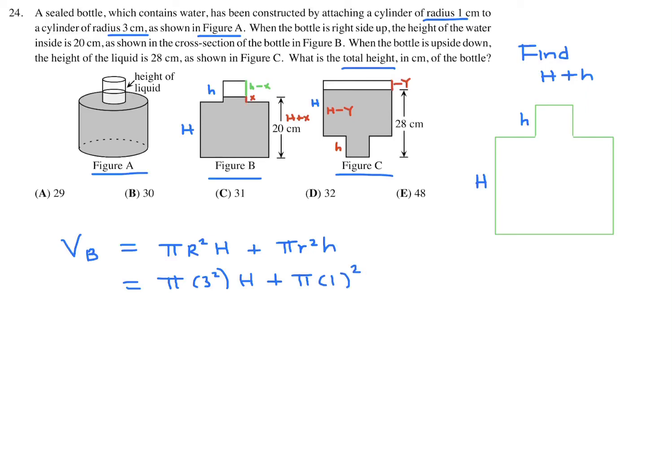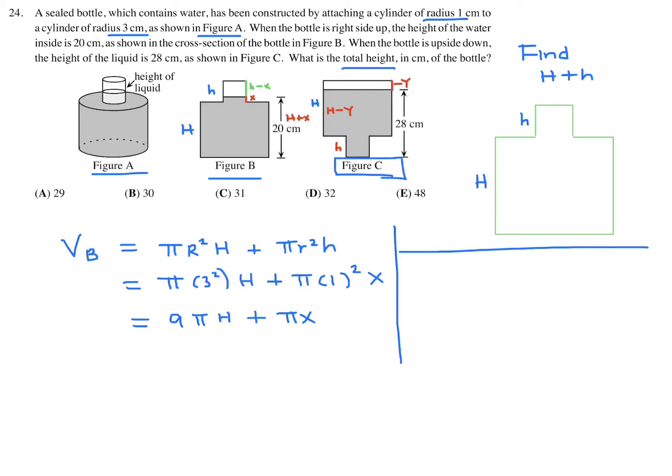But we did label the small height x. See, it's right there. So I'll call that x. So this becomes 9 pi H plus pi x.